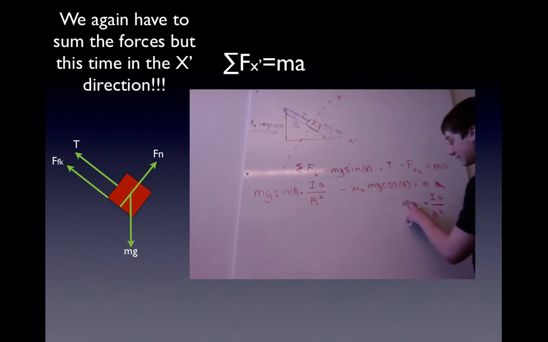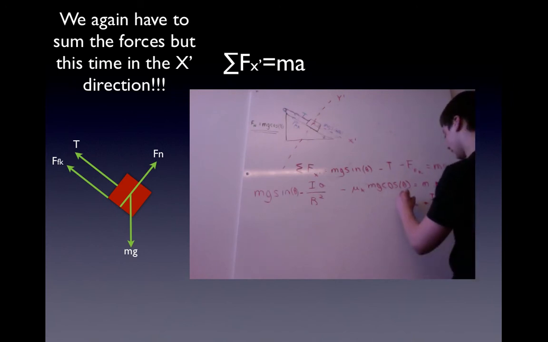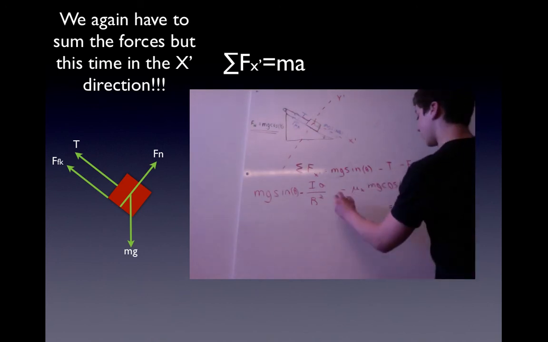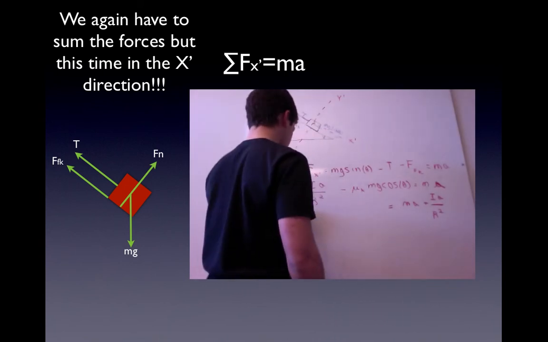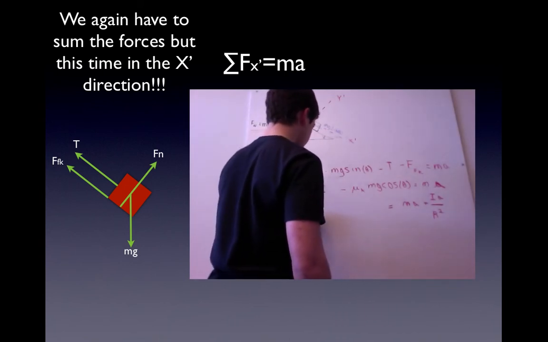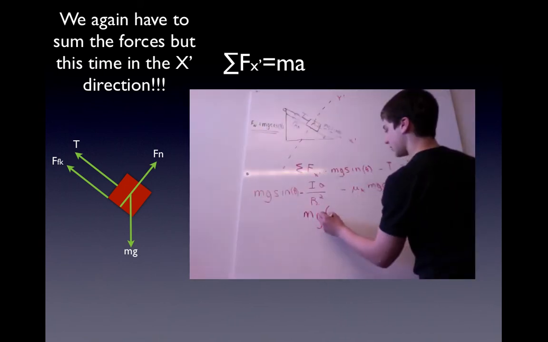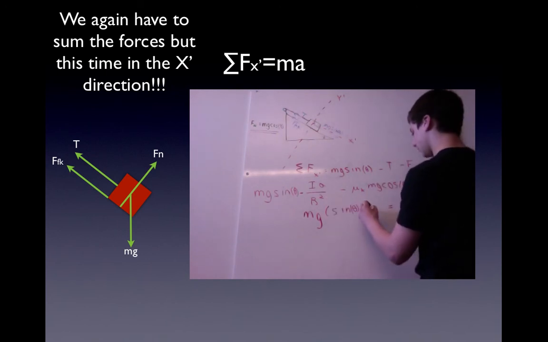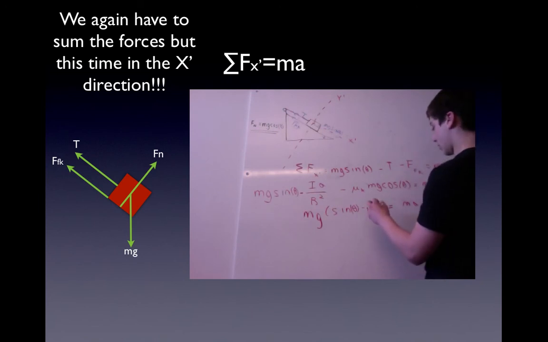Sorry, the m's a little messy; got to work on my penmanship. Set that equal to, we're going to keep an mg out because each term has it, and what we're left with is sine theta minus mu k cosine theta.